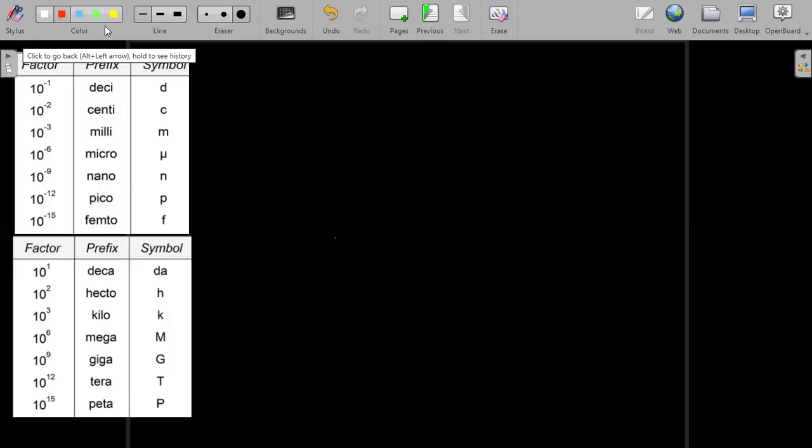All right, so our first question, we are just going to convert 10 centimeters to meters. How can we convert 10 centimeters to meters using the metric system, not using the normal way that you are used to from secondary school?